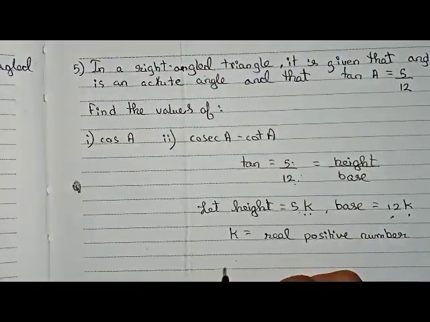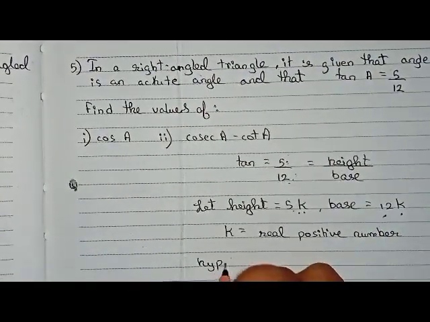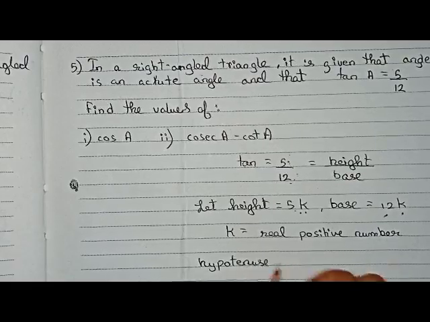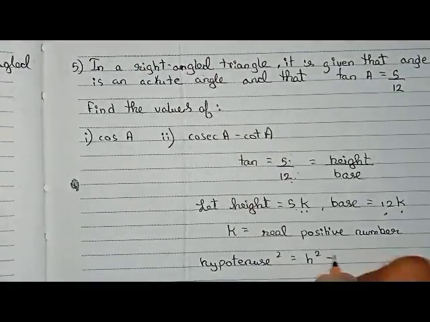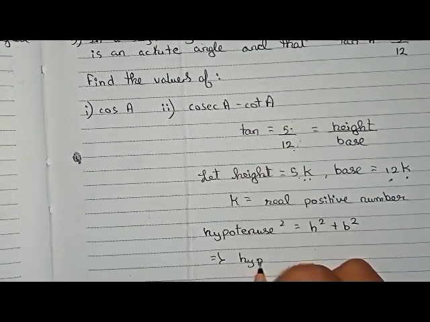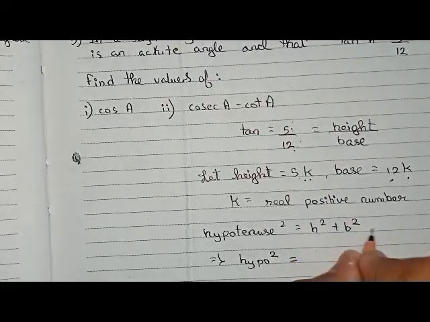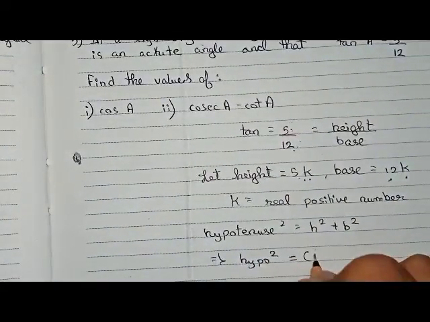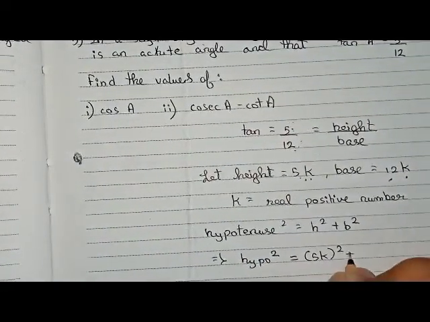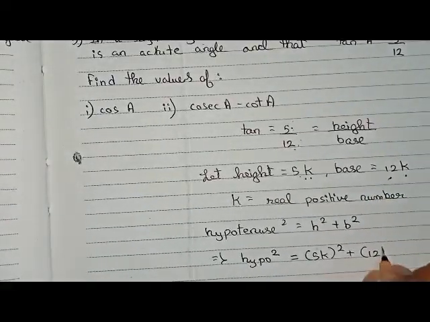We will find out the hypotenuse first. The hypotenuse square will be equal to height square plus base square. So we write hypo square is equal to height square plus base square. Height is our 5k. So 5k square plus 12k square.